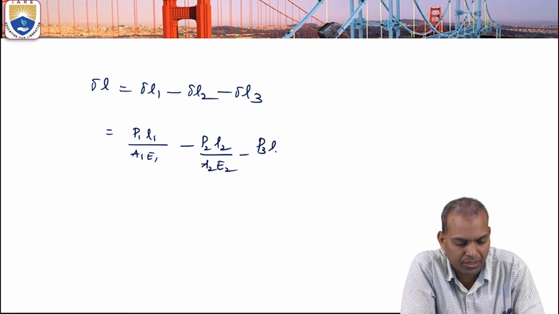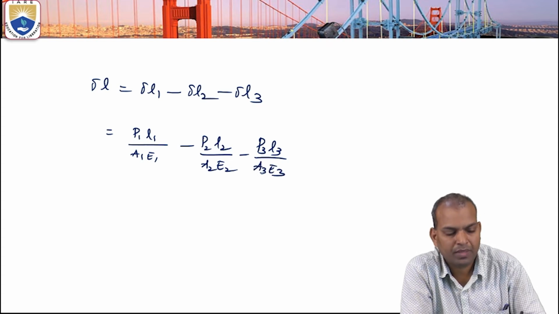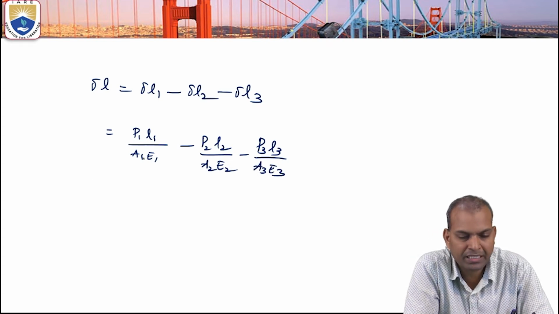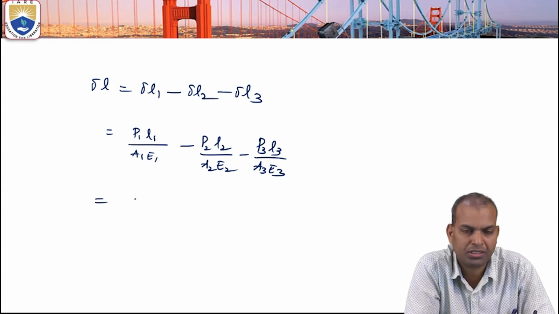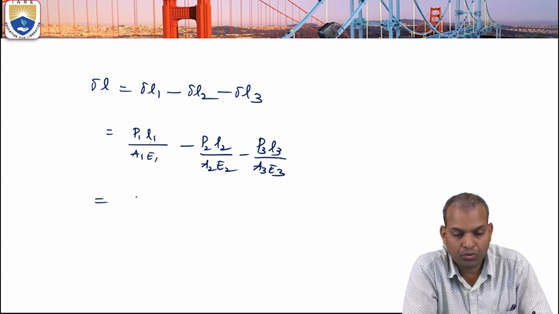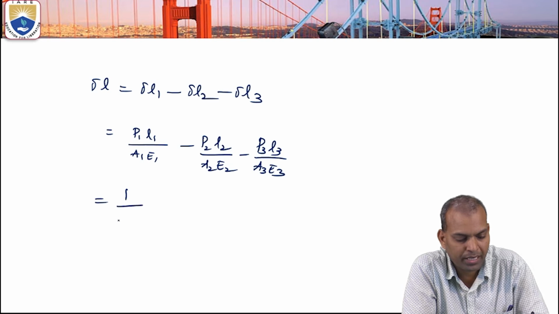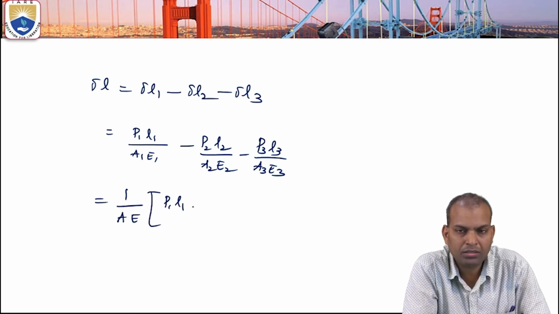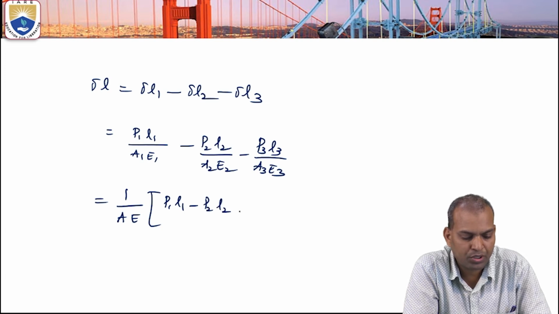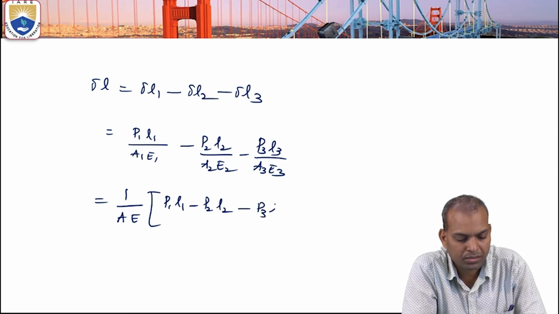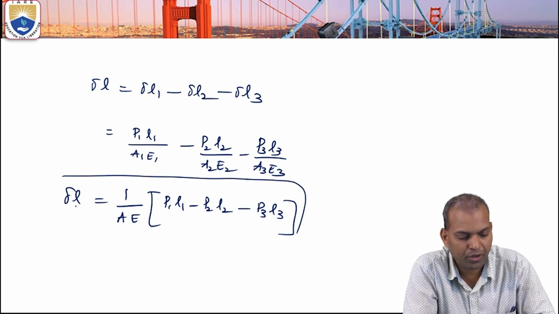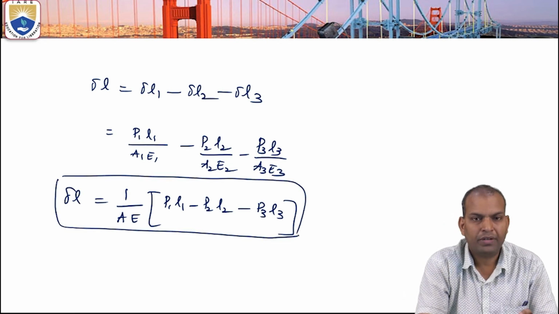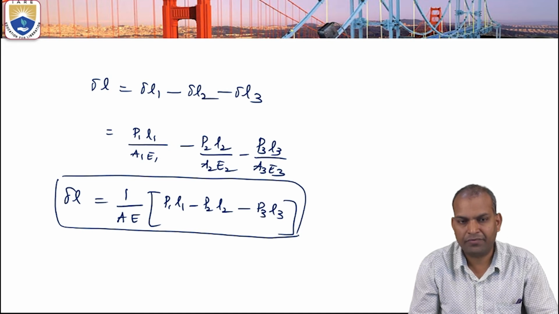Delta L3 is P3 L3 by A3 E3. Now here it is the same material and same area of cross section throughout the sections. So 1 by AE times P1 L1 minus P2 L2 minus P3 L3. This is the modified formula for this case.